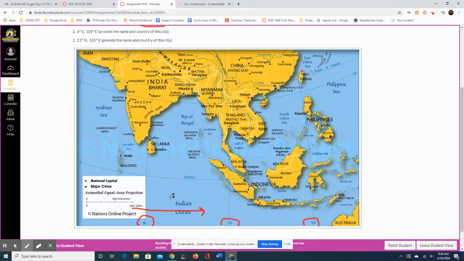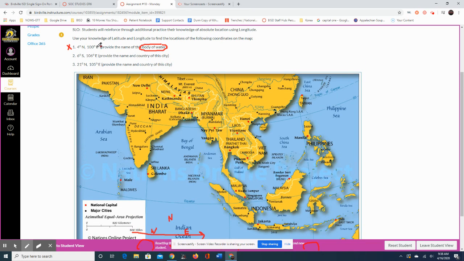So if we do our never eat soggy waffles, we know that it's pointing east. So this is our east longitude: 80, 100, 120. If we want to go north and south, the first number we're looking for is north latitude.